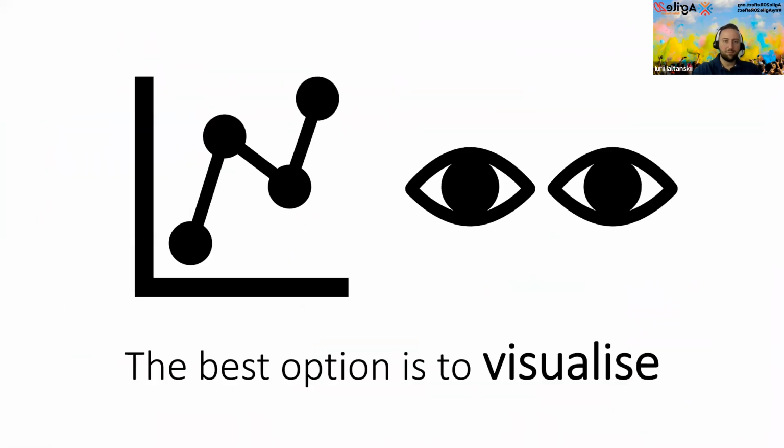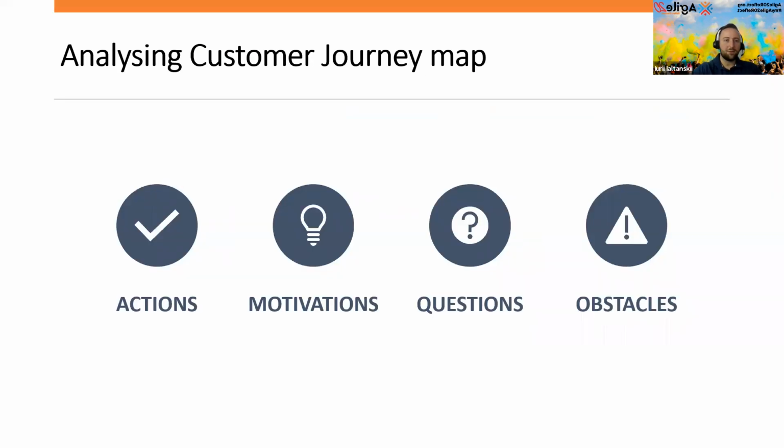All right. Here we have everything that composes our customer journey map: the actions, what the customer basically does in order to get to the end of the journey, right?